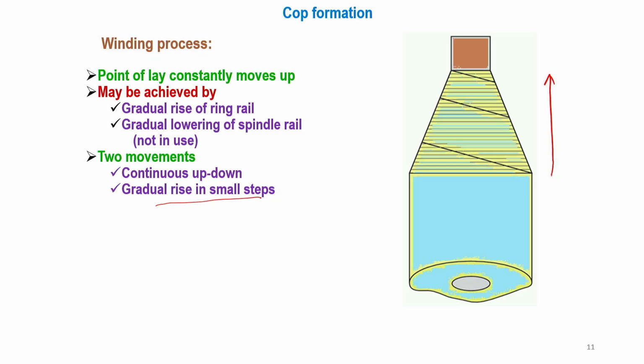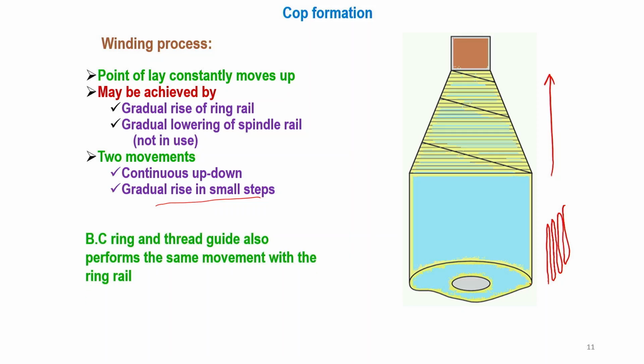Suppose it starts from the base, this is the movement and it comes down, and the next layer will start a little bit above that. So, there will be gradual upward motion in this fashion. So, the winding takes place.